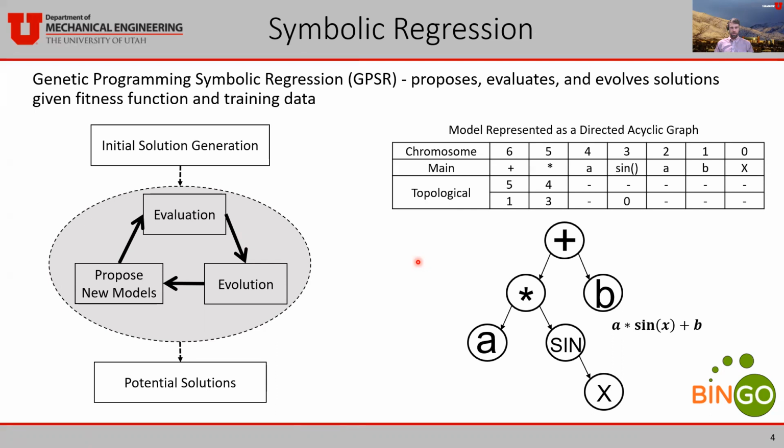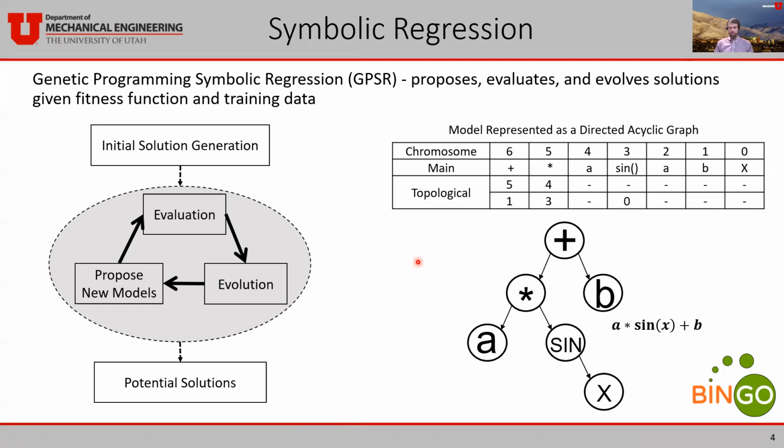And then also new models are proposed through mutation, which consists of just changing single values or components of the graph, which results in changing components of an equation or solution. So through these recombination and mutation methods, the algorithm is able to explore the solution space while hopefully also converging toward the optimum solution or the optimum solutions.